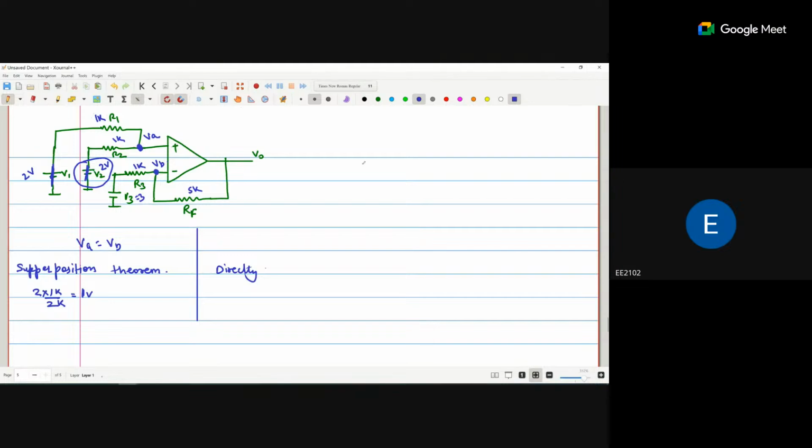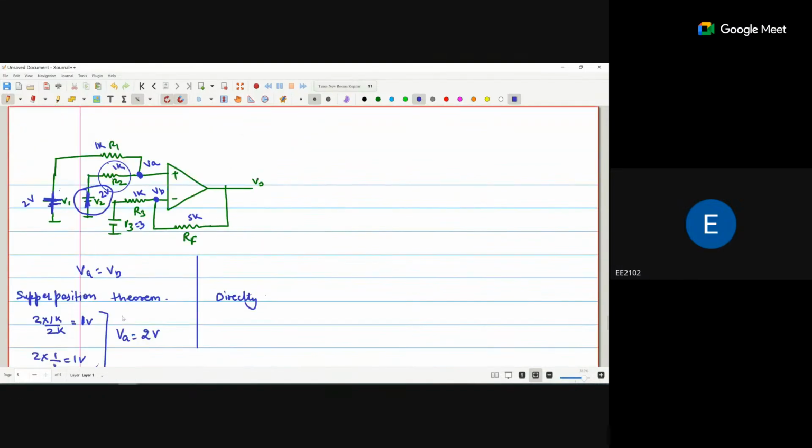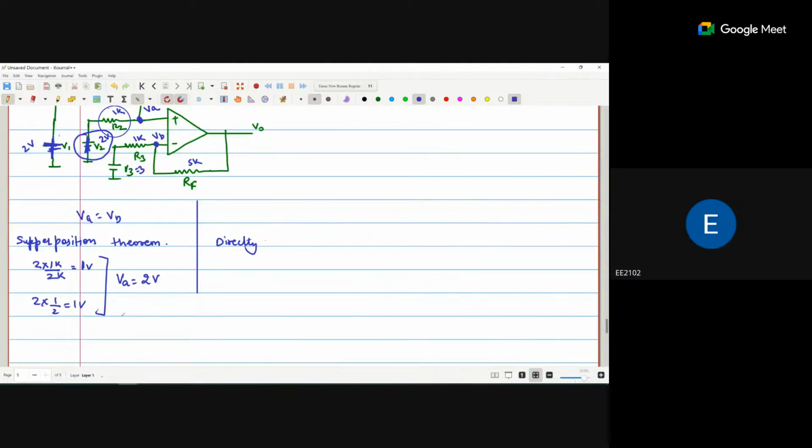Now consider this as a short and this as a voltage source. Again this 2 volts will flow through 1K and 1K to ground. What is the voltage drop across this other 1K, R2? It is the same value. So that is 2 into 1 divided by 2, which is 1 volt. So now VA is 2 volts, the addition of these two voltages. So VB is also 2 volts.